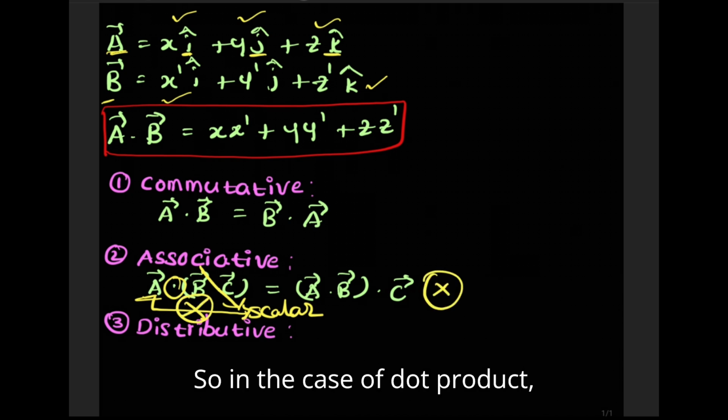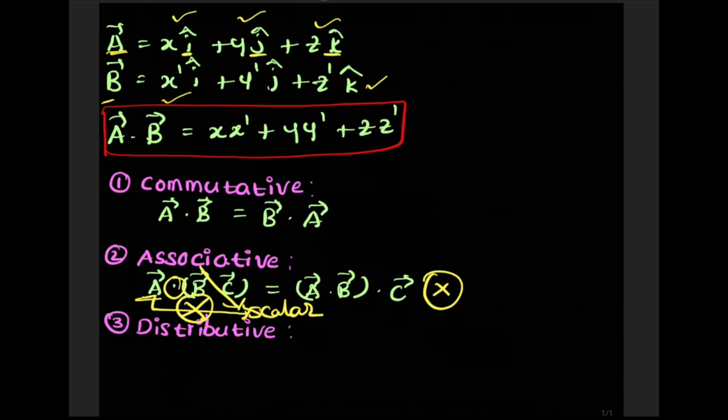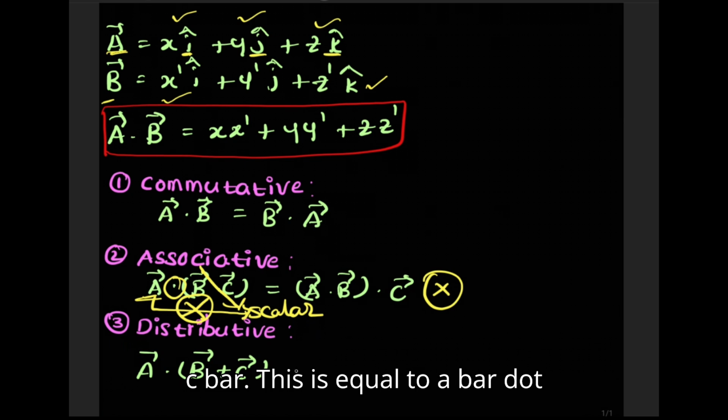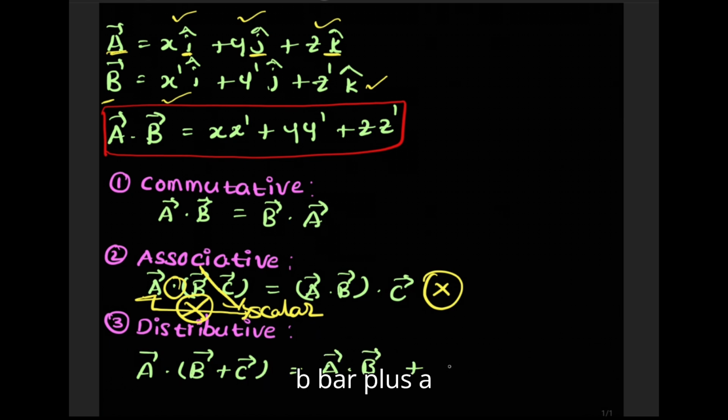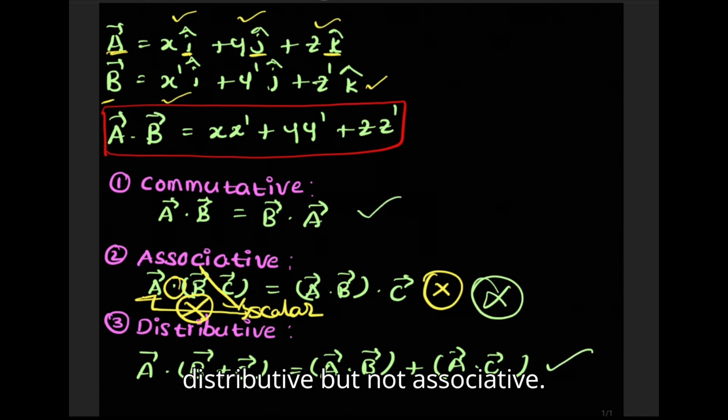So in the case of dot product, the associative law is not obeyed. Coming to the distributive law, how can we define it? A bar dot (b bar plus c bar) is equal to a bar dot b bar plus a bar dot c bar.